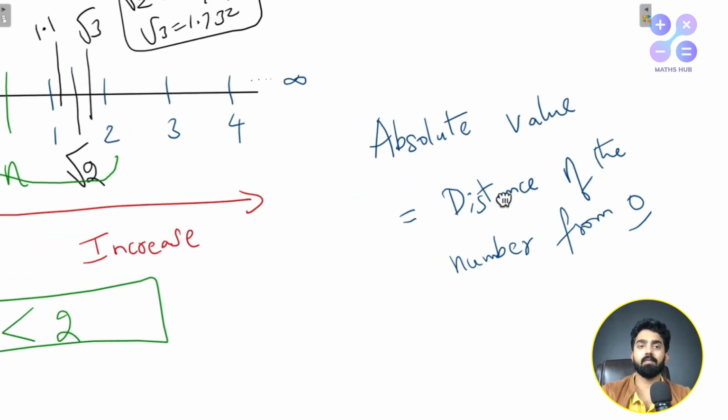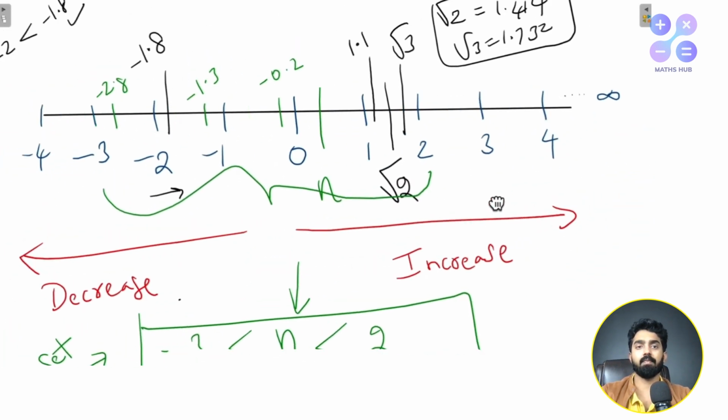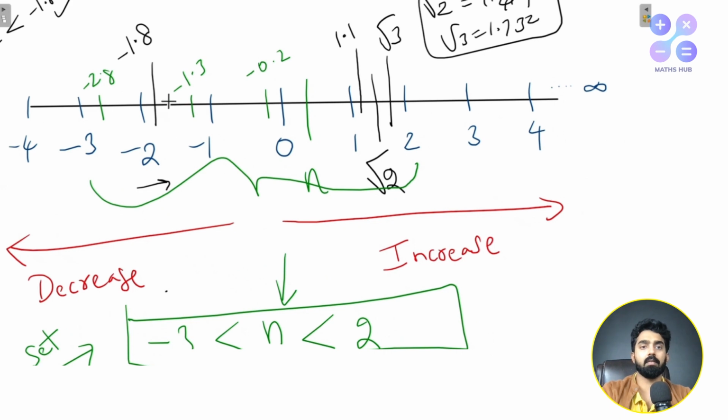Right? So in this case, for example, let's say you take a number here, like minus 1.7. What is the absolute value? The absolute value is the distance of minus 1.7 from 0. The distance, right? So how many units is minus 1.7 away from 0?